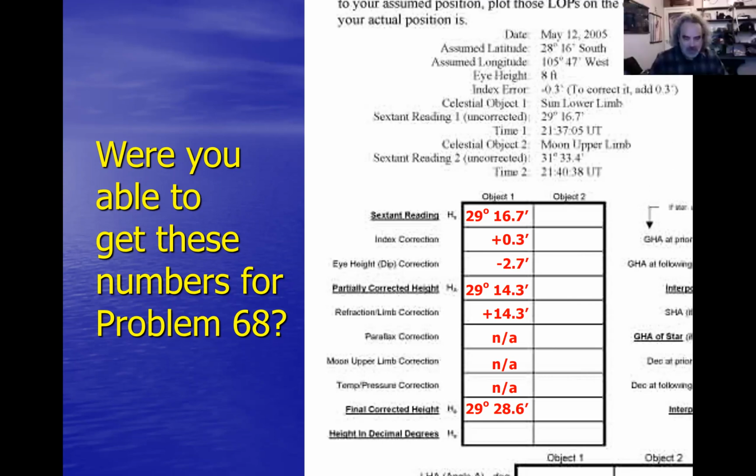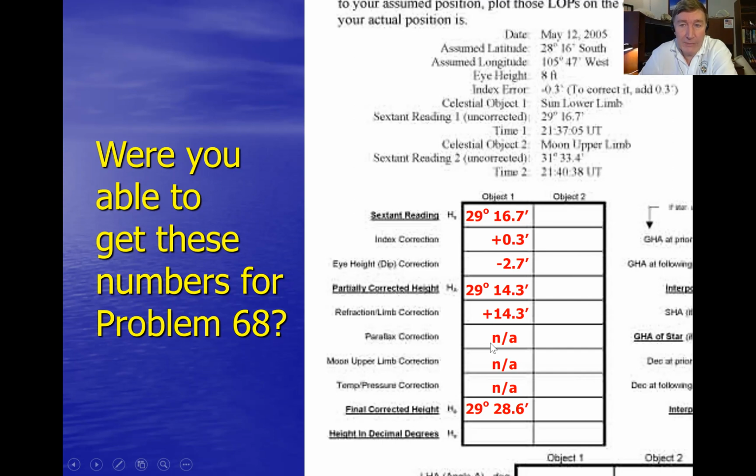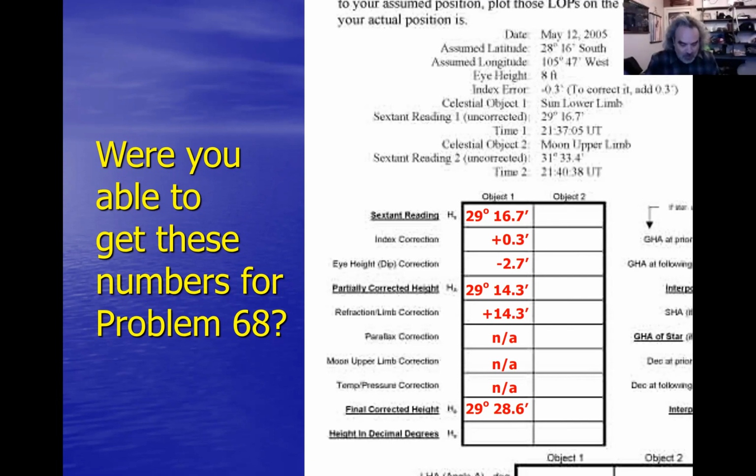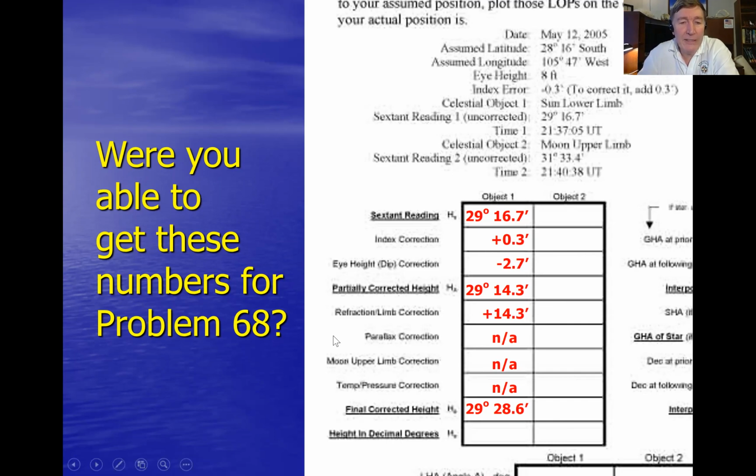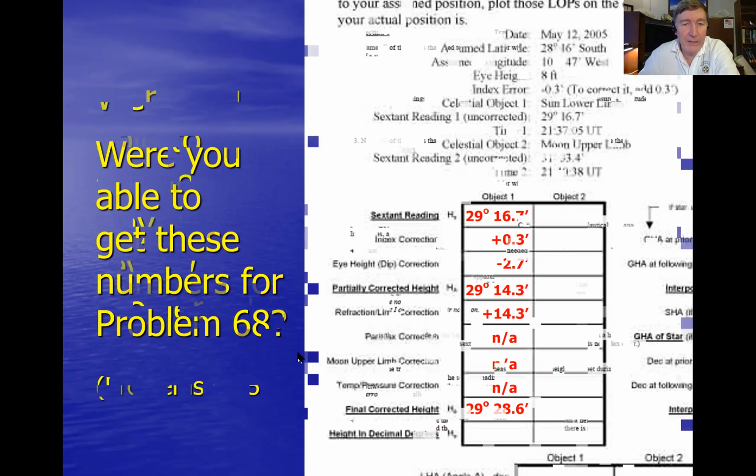No problem. But hopefully you were able to get object number 1. Were you able to do that? Okay, good. When it got to the refraction limb correction on the moon, I was just going, what? Yeah, that's my bad. I should have warned you not to even attempt that. But we will talk about it next time, so you'll learn how to do it then.